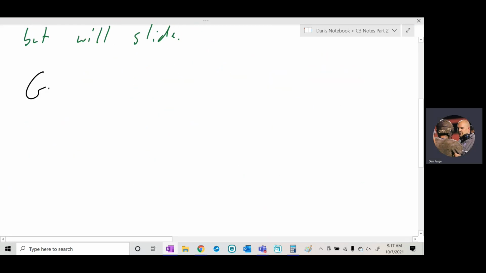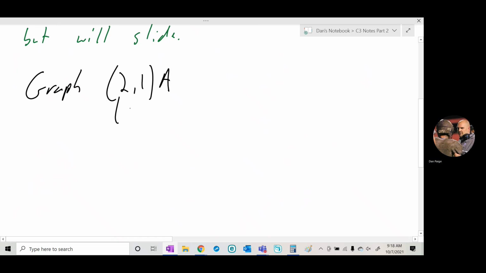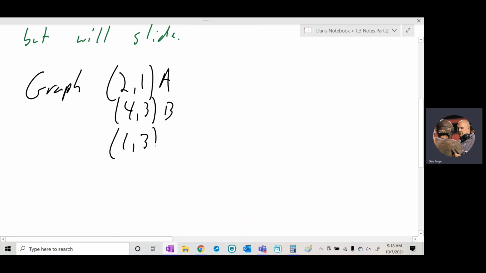It could just be 1 point or it could be multiple points. So we'll graph 3 points. Let's do 2, 1, and we'll call that A. 4, 3, and we'll call it B. And then 1, 3, and we'll call that C.